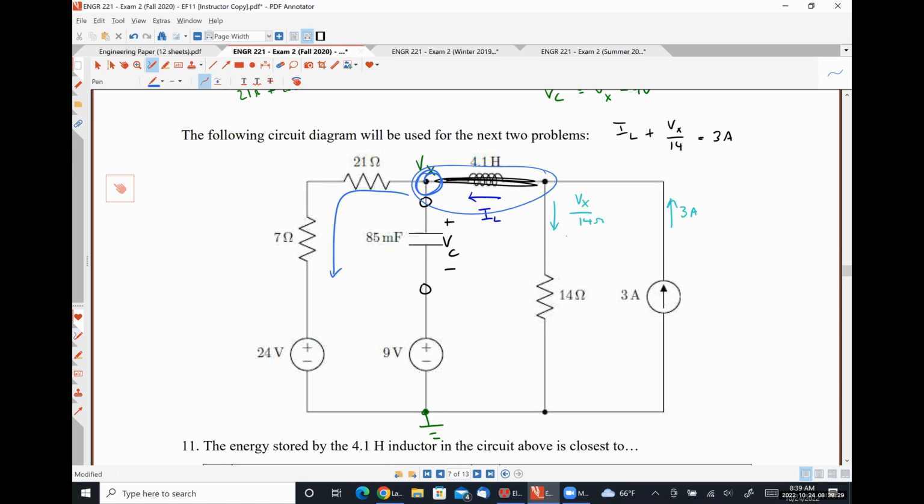Or I can say that Ix is equal to 3 minus Vx over 14. I'm double counting it if I include the thing on the left in my original expression. That's the way I drew my arrow, I drew it and that's it. Doesn't matter.